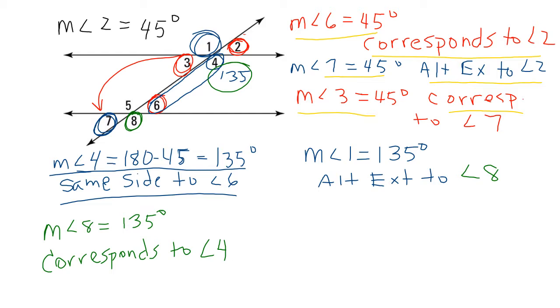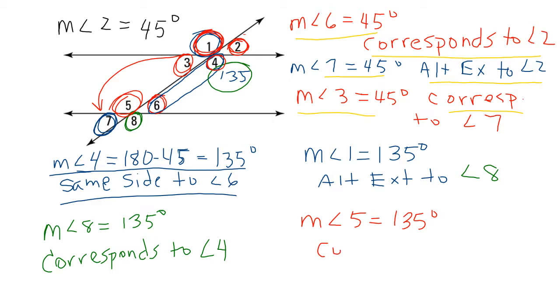And finally, there's lots of things I can do here, but I'm going to use the theorems about parallel lines. Since I now know angle 1 is 135, well, guess what? The measure of angle 5 is also 135. Why?